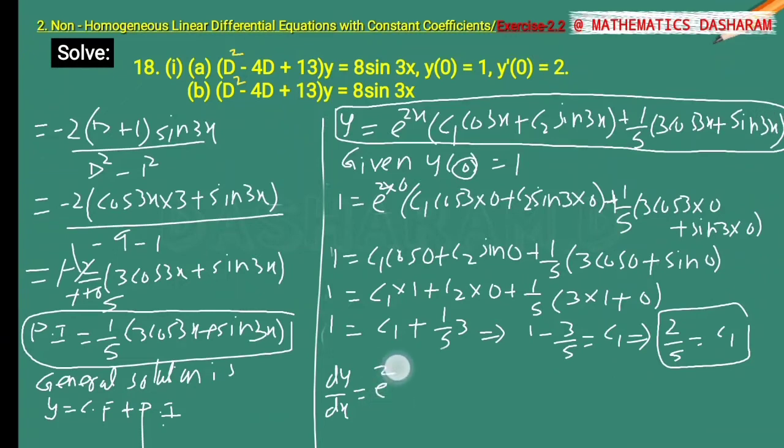So e to the power of 2x into d by dx of c1 into cos 3x plus c2 into sin 3x, plus next c1 into cos 3x plus c2 into sin 3x.